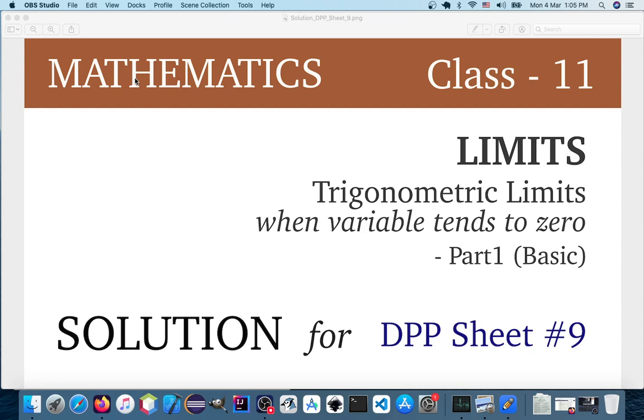In the previous video, I talked about the trigonometric limits when the variable tends to 0. That was part 1, where I solved some very basic problems. In this video, I will solve the problems that I gave in the previous video, which was DPP sheet number 9.